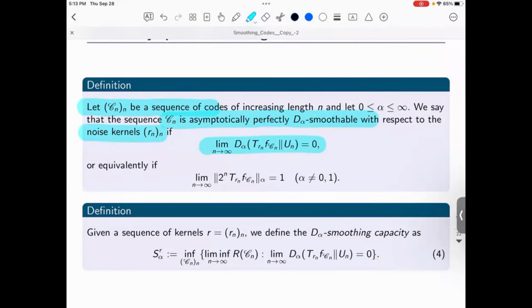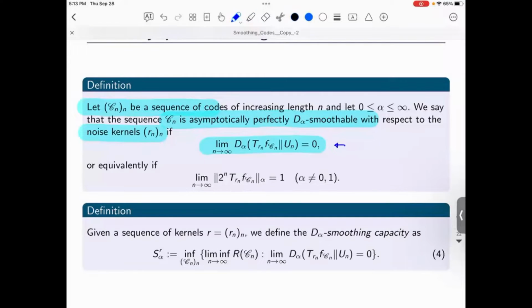Since this L alpha and L alpha smoothness are equivalent, we can write it in this manner, as in the second equation. Now we have given the definition, but what we are trying to do is again finding the minimum rate. Let's say you are given a sequence of noise kernels Rn, and you want to find a sequence of codes Cn that satisfies this condition.